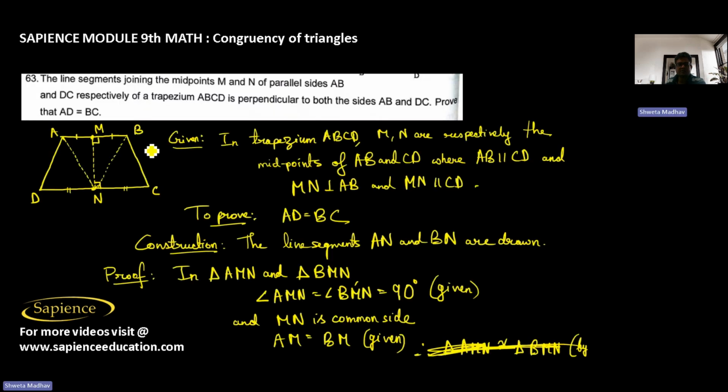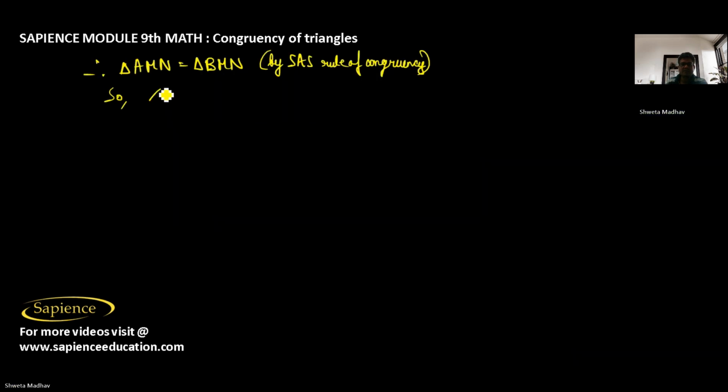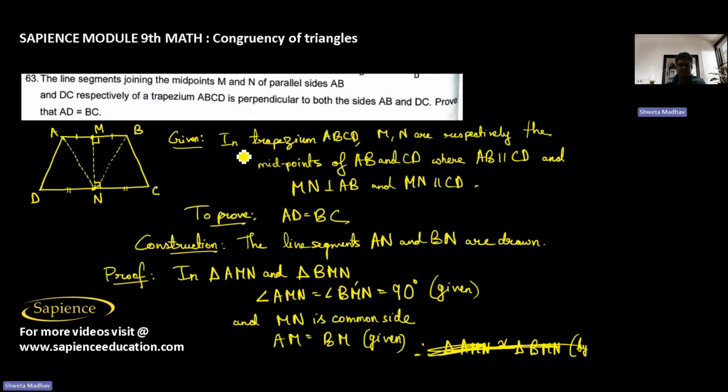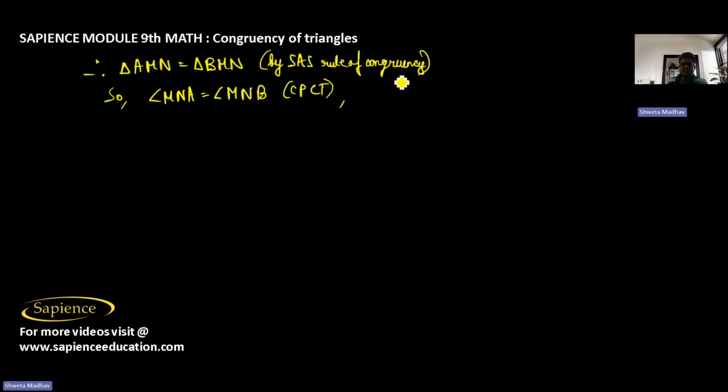So we can say that angle MNA is equal to angle MNB by CPCT. The reason is CPCT, and also AN is equal to BN, by CPCT.